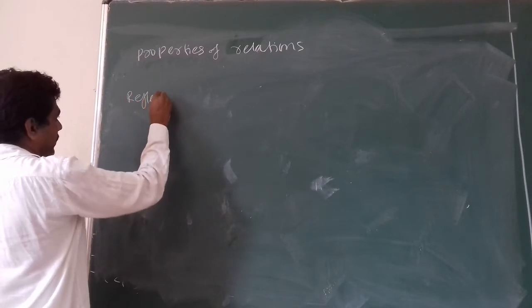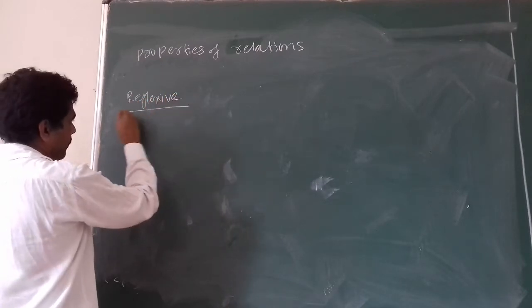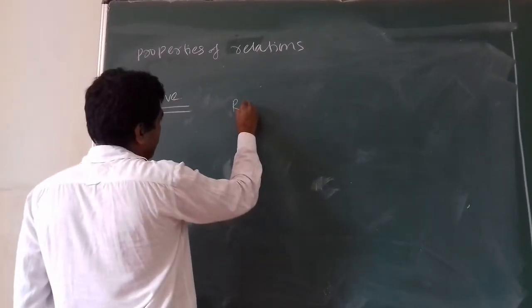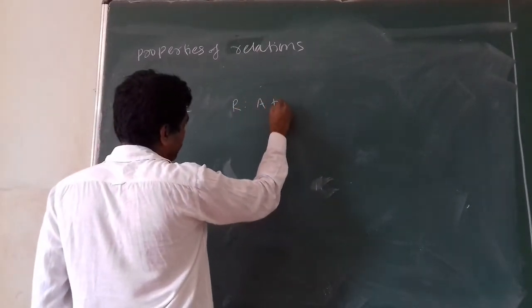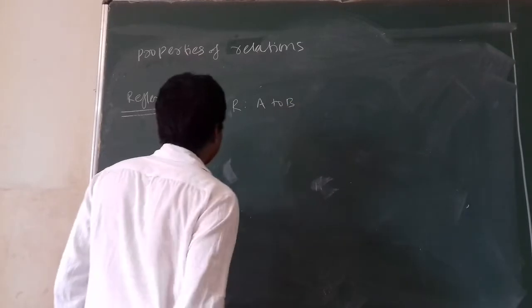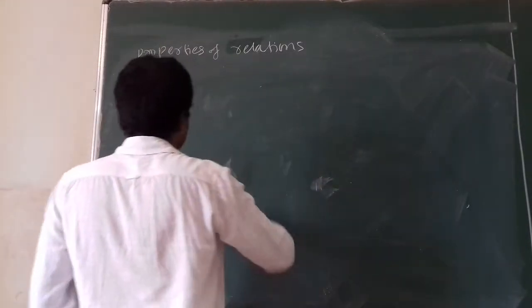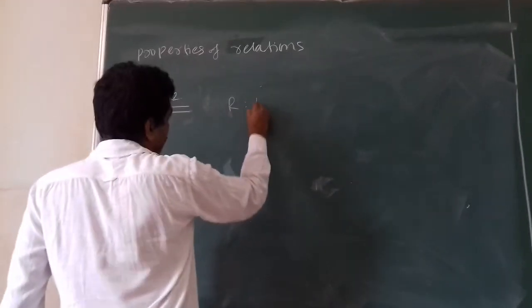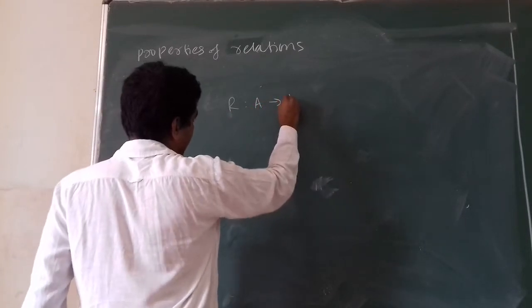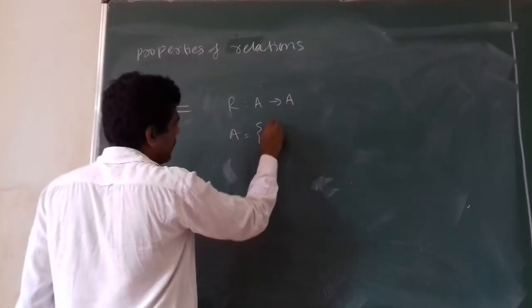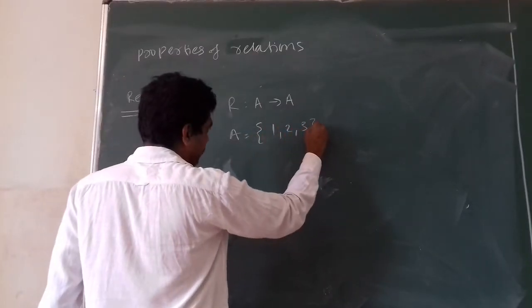A relation is reflexive. Okay. If R is the relation from A to B, and where all elements of A, instead of this example, R is the relation from A to A. R is the relation from A to A, means let's say A is a set with the elements 1, 2, 3.